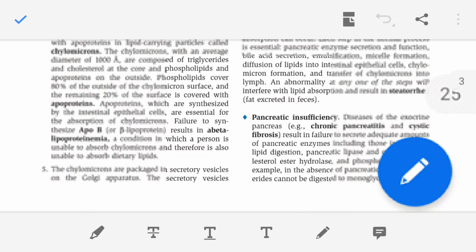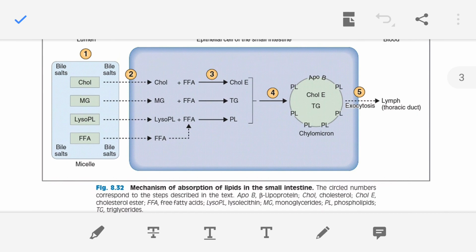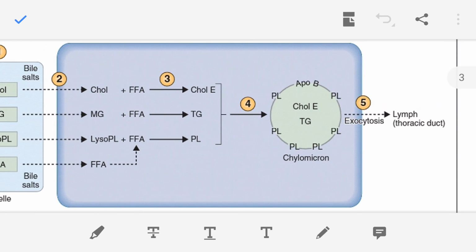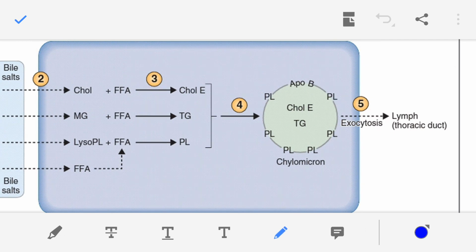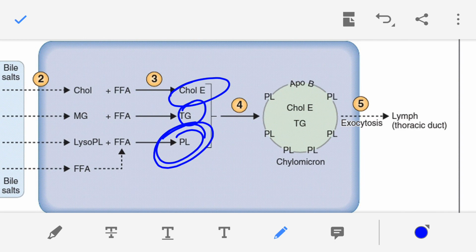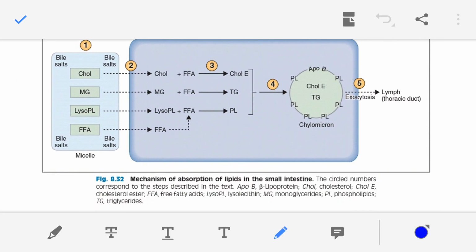The same figure, see. So these are the newly synthesized lipids. Okay, now in the center, cholesterol ester, so this is the cholesterol ester.